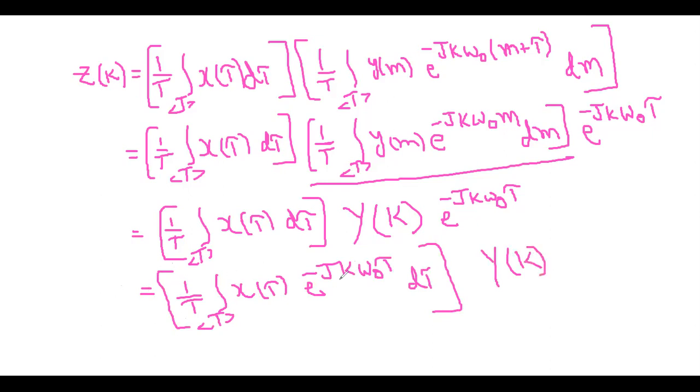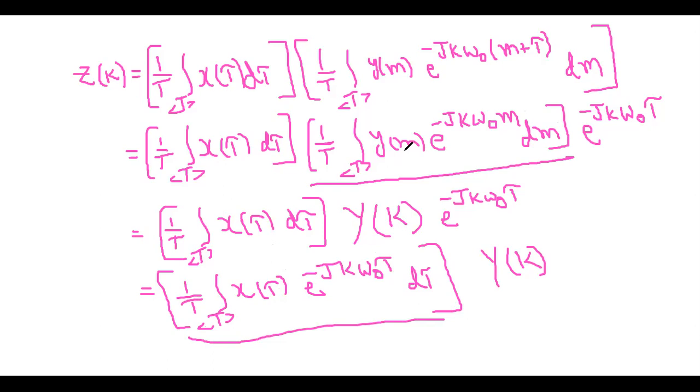Now you can observe this function is also similar to the analysis equation, 1 by T the integral T x of tau e power minus j k omega naught tau d tau. Instead of t here the tau is there.